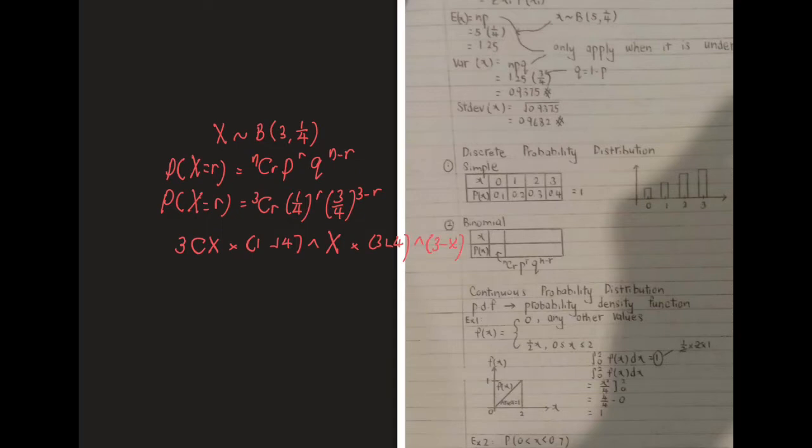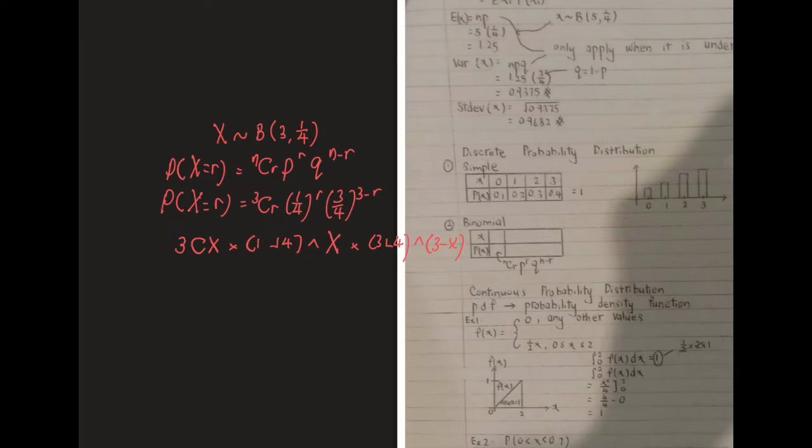So I can key in. So let me key in first, then I can get the probability straight away. Okay. So 3Cx, 1 over 4 power x, multiply 3 over 4 to the power of 3 minus x.